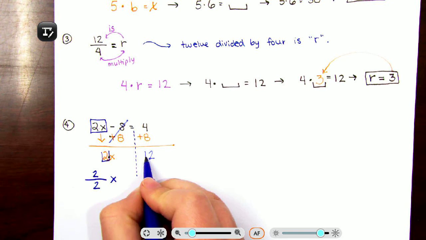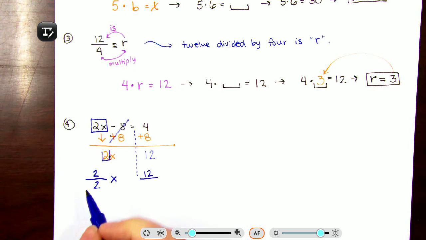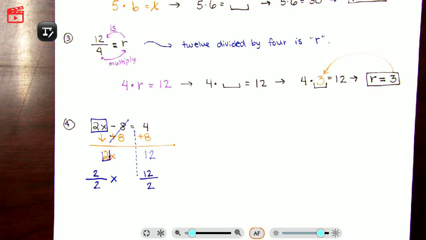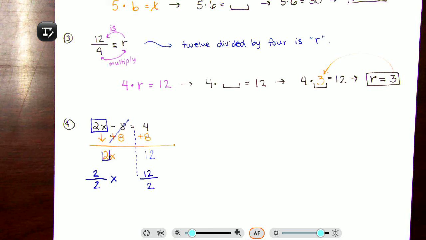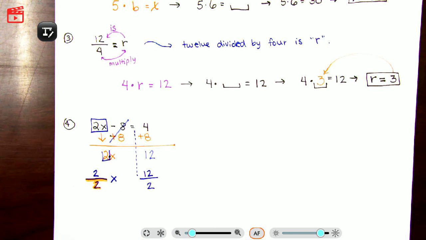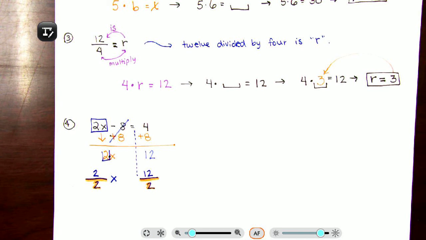You're going to take this number and divide by 2. You have to have the divided by 2 for both. So if you divide by 2 here, you must divide by 2 here. You cannot change the number that you are dividing by. That number has to be the same.